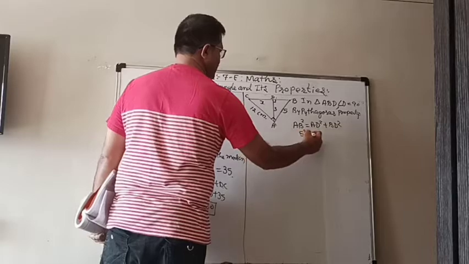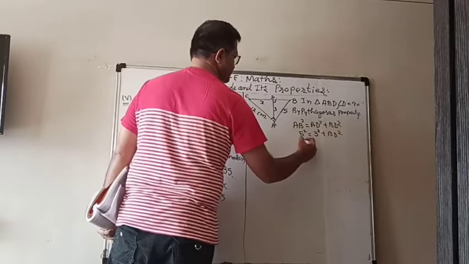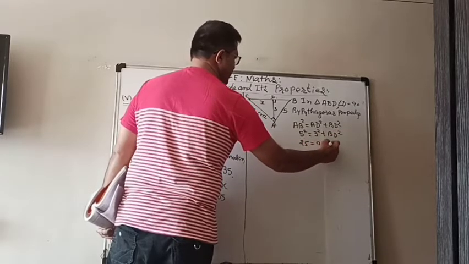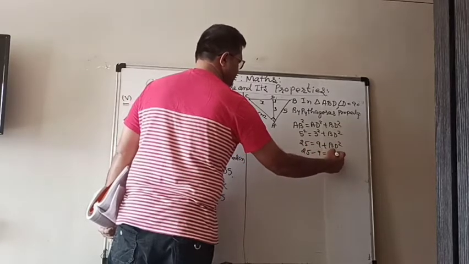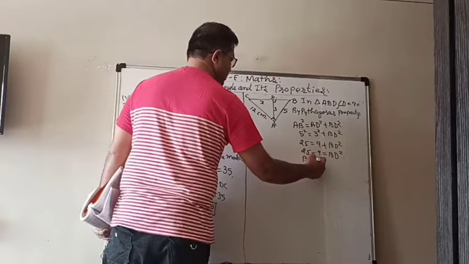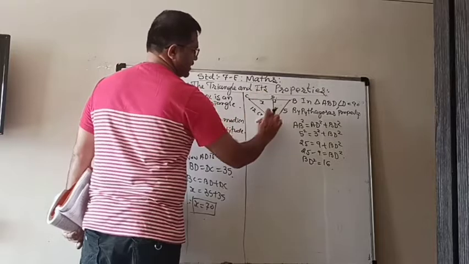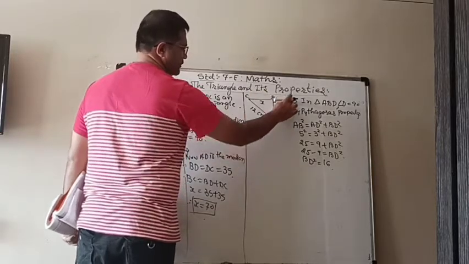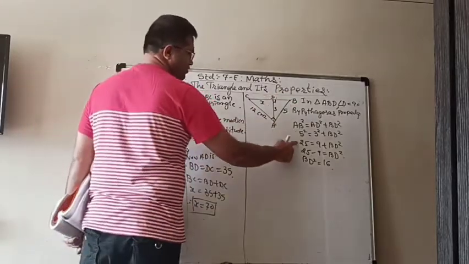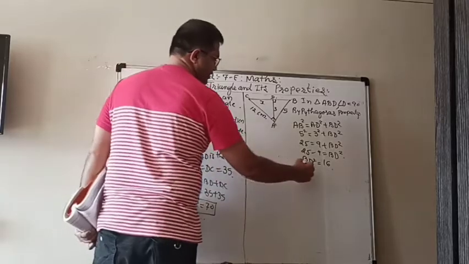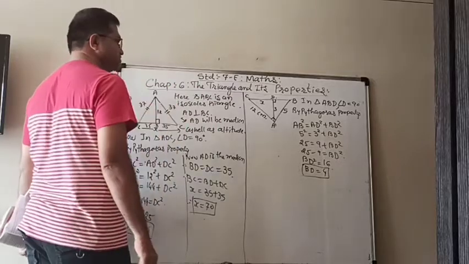AB is 5, so 5 square is equal to 3 square plus BD square. So 25 is equal to 9 plus BD square. So 25 minus 9, we get the value of BD square as 16 here. We took that triangle, so here that is the right angle, that is the hypotenuse. We put the values and simplify. So now we get the value of BD as 4 because 4 square will be 16.